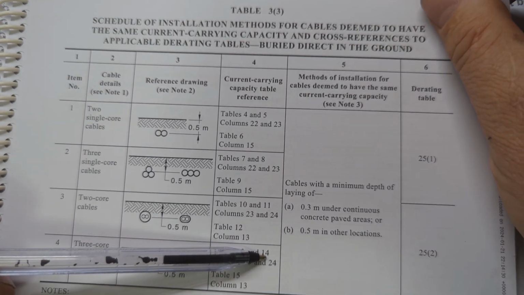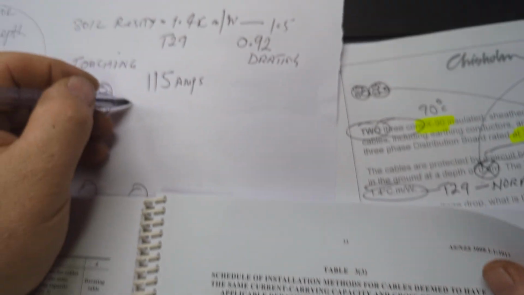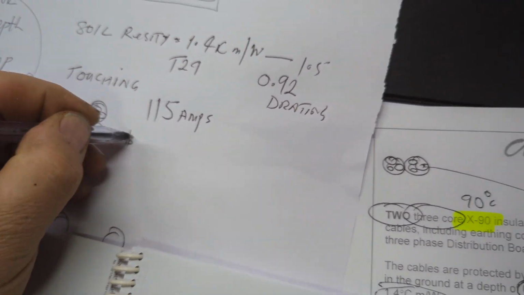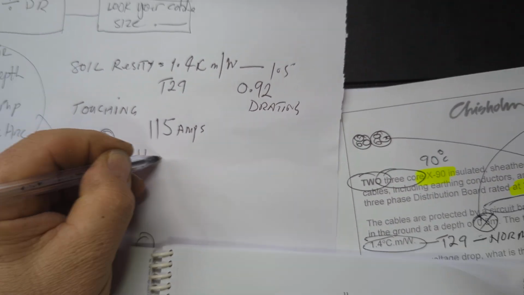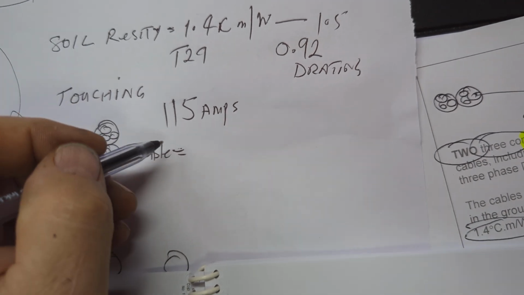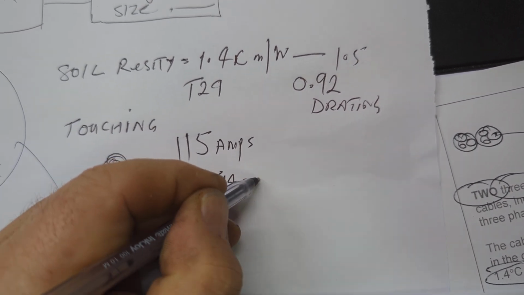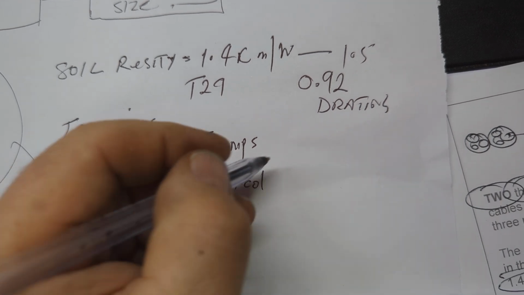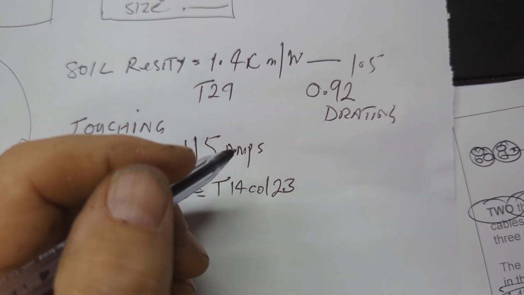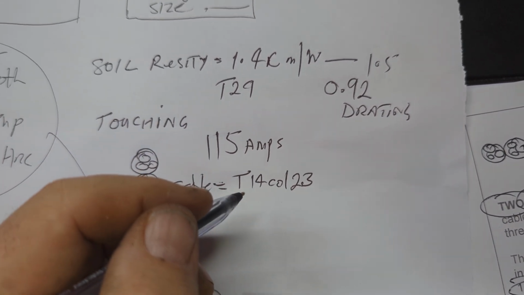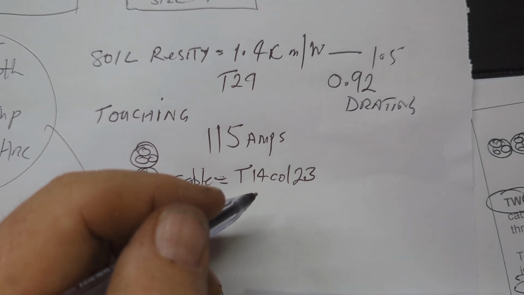So I'm going to go to table 14 for my cable, column 23. But we can't pick that yet because we have to do our derating. We have 2 cables, so I'm going to have to do the derating for that.